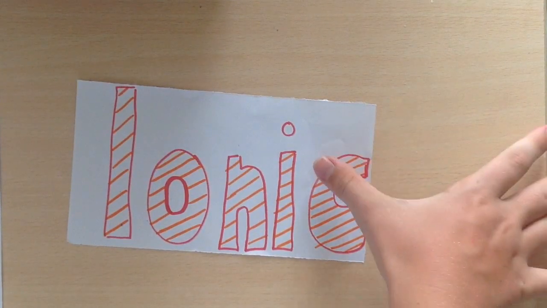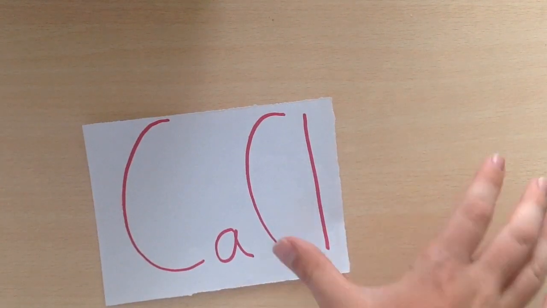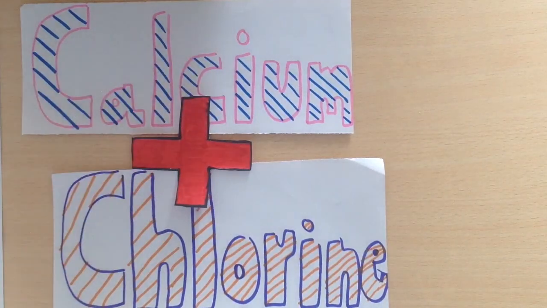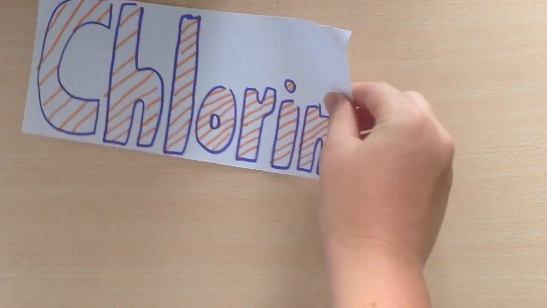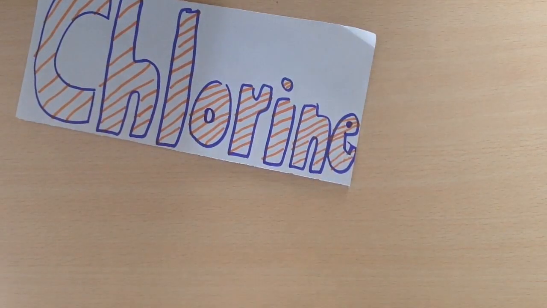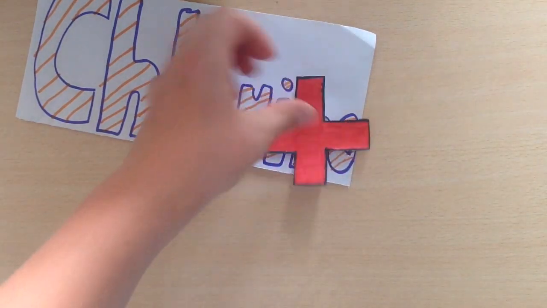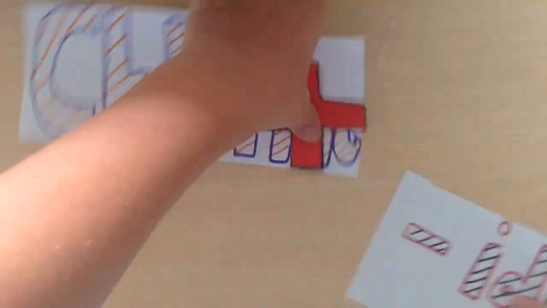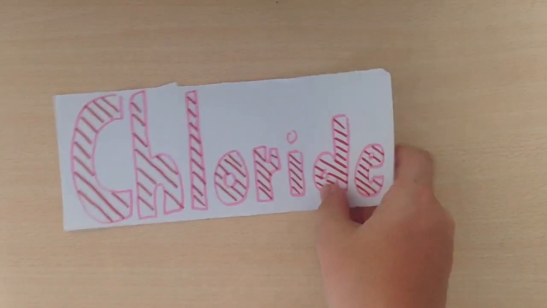When naming ionic compounds, to make it easier, split the compound into the two elements it's made of. For example, CaCl will be split into Ca and Cl, which are calcium and chlorine. For chlorine, we will need to replace the last letters of the second element with the IDE suffix, which means chlorine will be chloride.